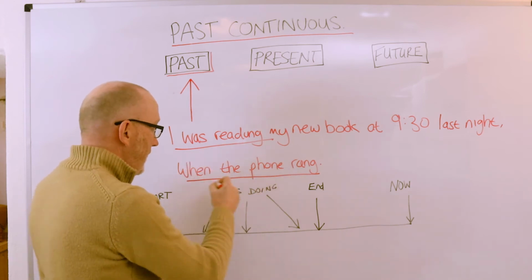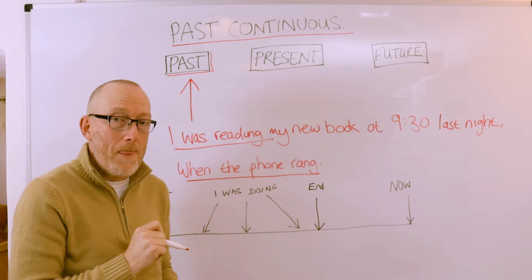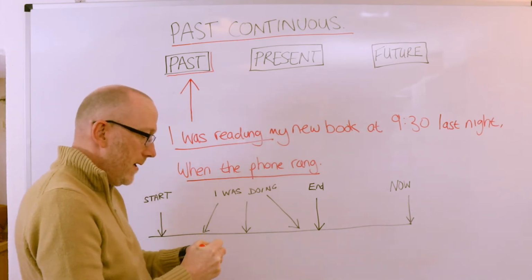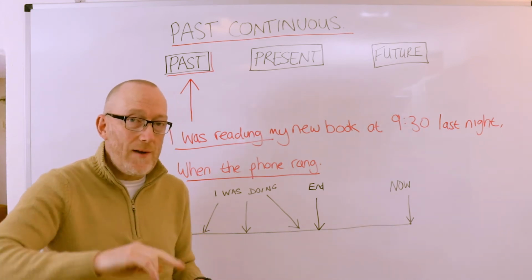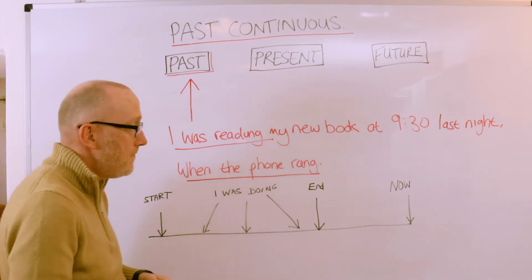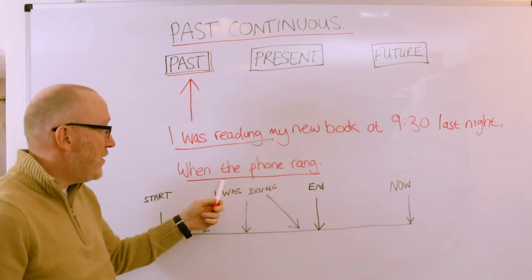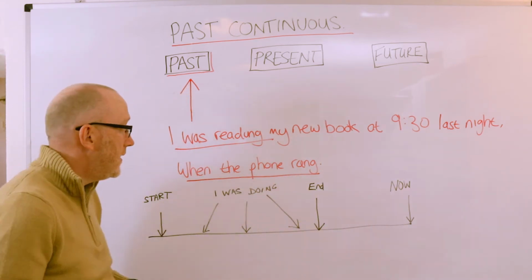So this event here interrupted this event here in the past. So these are the two reasons why we use the past continuous. Yeah? It's describing the precise time and also an action that interrupted another action.